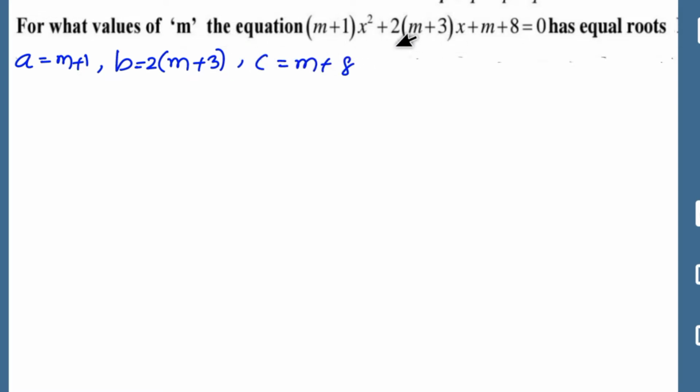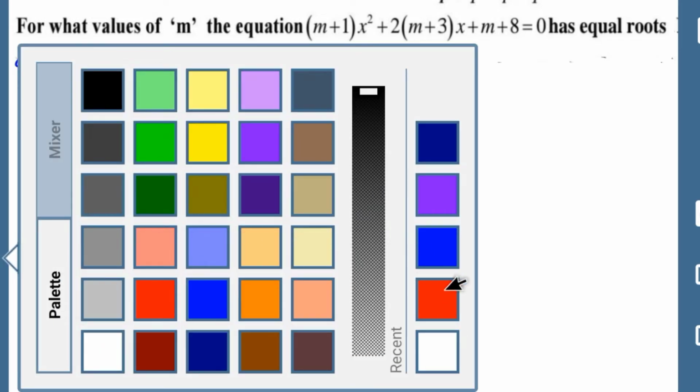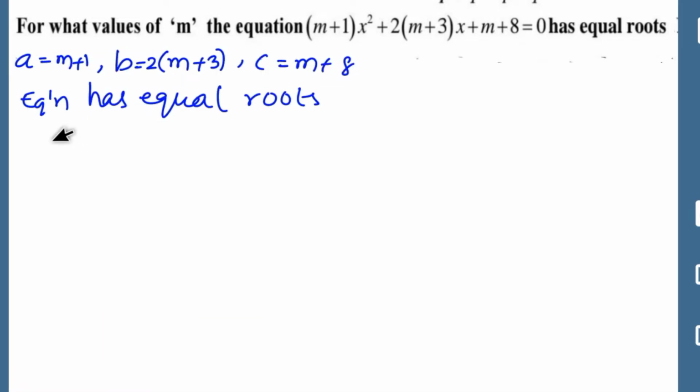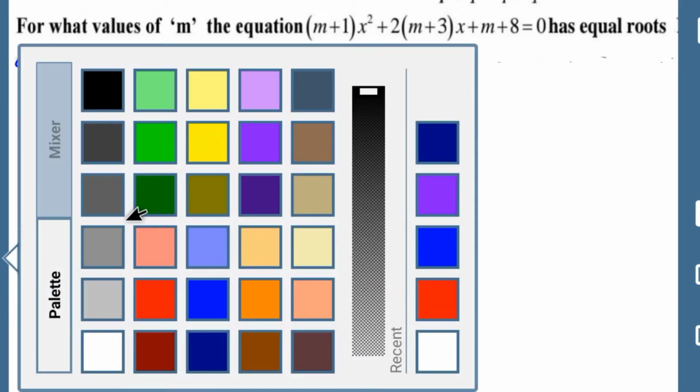So equation has equal roots. If equation has equal roots, what is the condition? The condition is delta equals b square minus 4ac equals to 0.